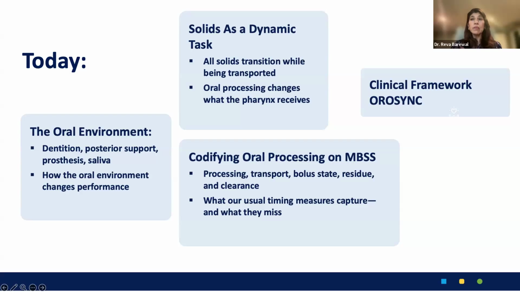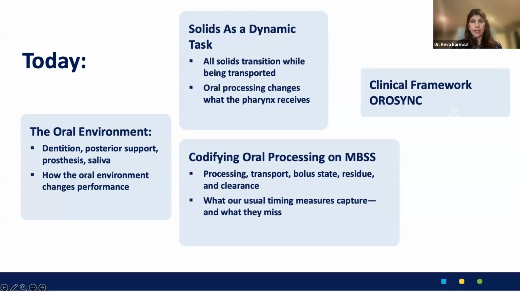And talk about timing, that oral transit time, but going a little bit deeper and seeing what else we can learn. Finally, I'm going to bring in an active Cleveland Clinic study that is ongoing now with the primary investigator being Brian Hedman. We're going to look at different questions about diagnostic yield, as well as how we can maybe codify some of these oral processing behaviors across different textures.